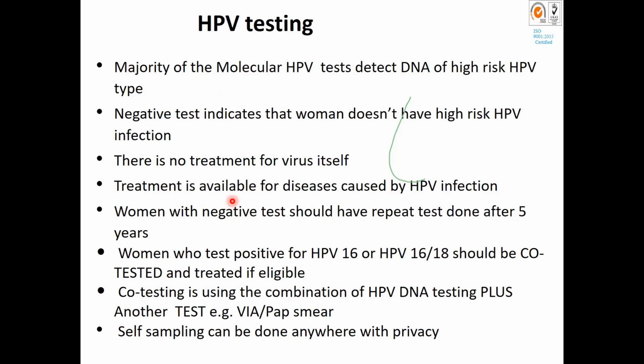So what is this HPV testing? We usually take this test to detect the DNA. And we know that not all the strains of HPV, human papillomavirus, can cause cervical cancer. We have other strains that cause benign tumors like warts. Only the high-risk HPV types, that is type 16 and 18, are the commonest that cause cervical cancer.